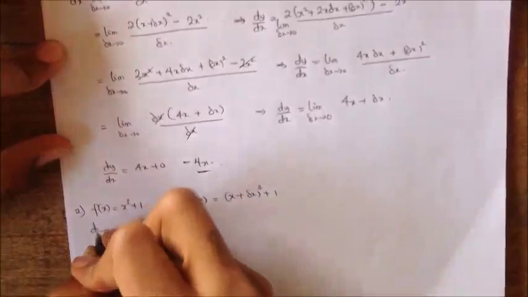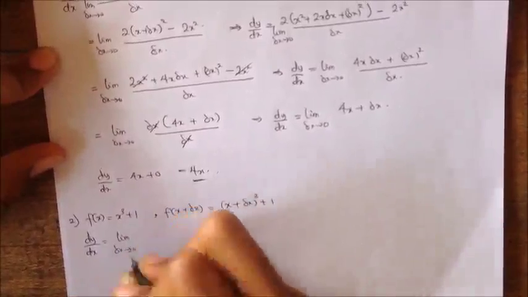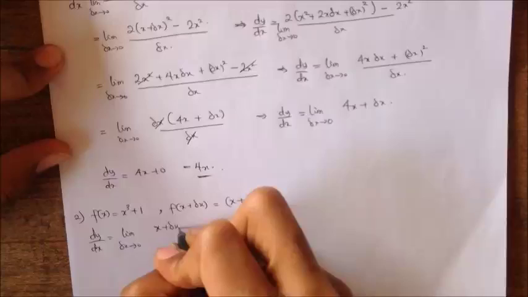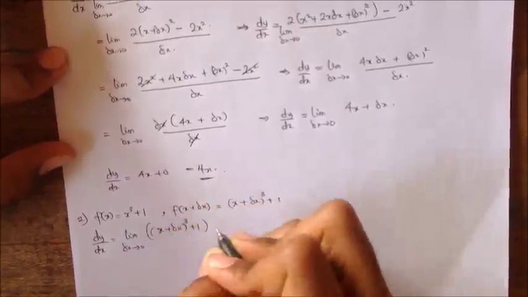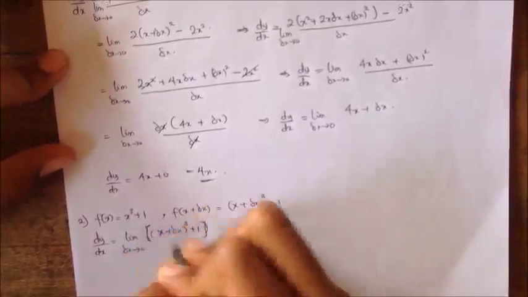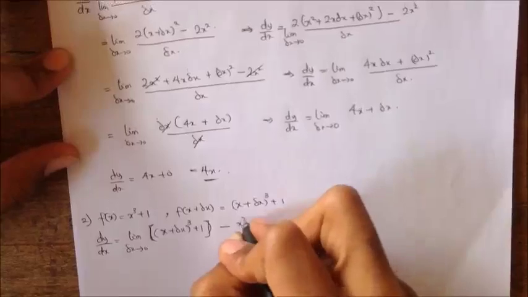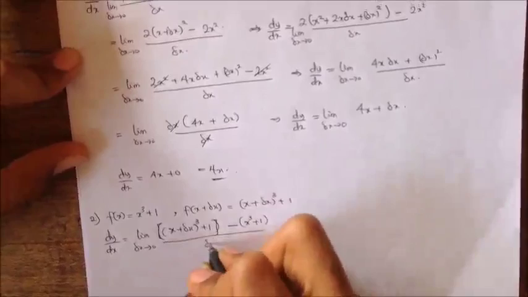So our differentiation dy dx equals the limit as delta x tends to 0 of f of x plus delta x, which is x plus delta x all cubed plus 1, well, let me use the square brackets, minus my f of x, which is x cubed plus 1, all divided by delta x.